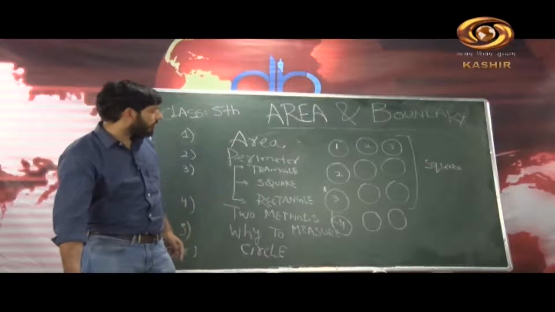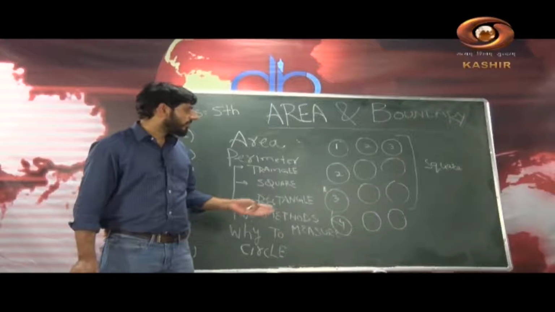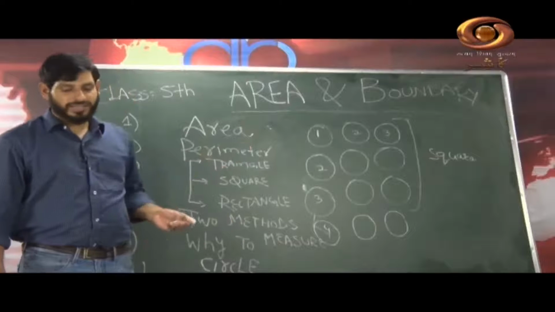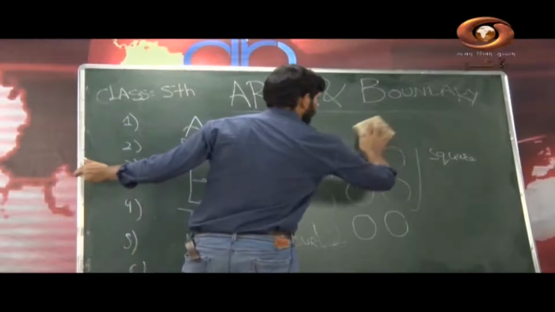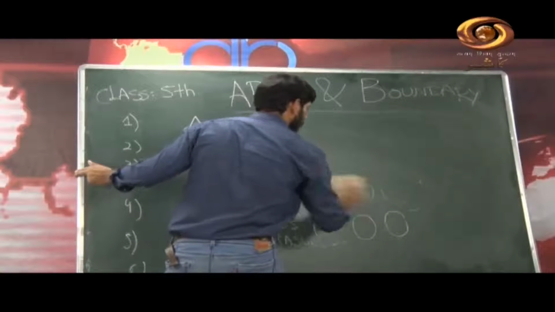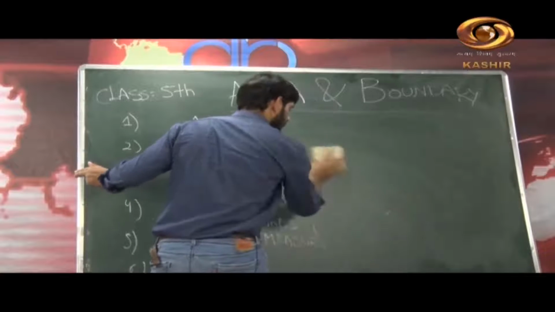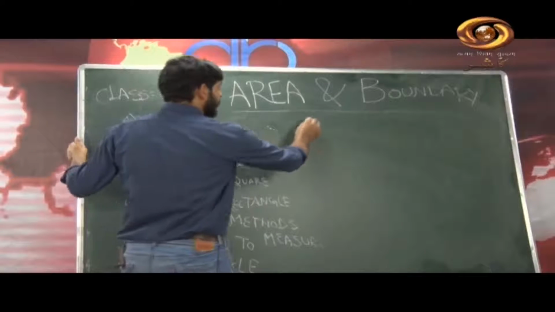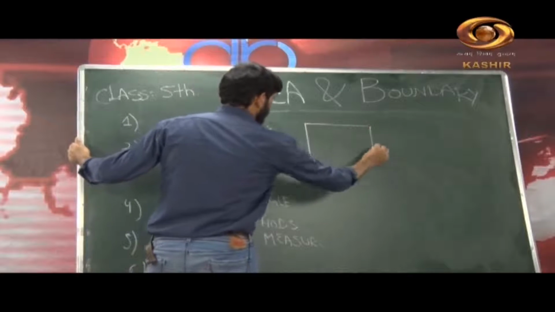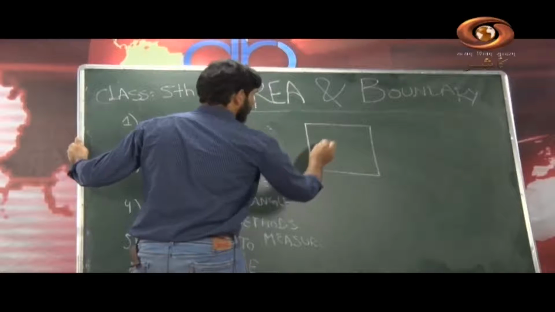Now we have to deal with the perimeter of this square and rectangle. As far as the square is concerned, let us draw a square.